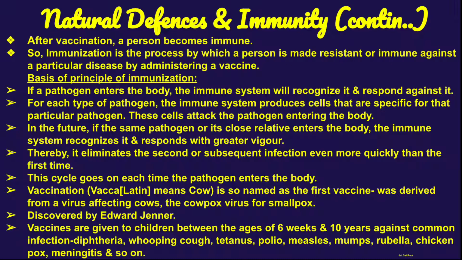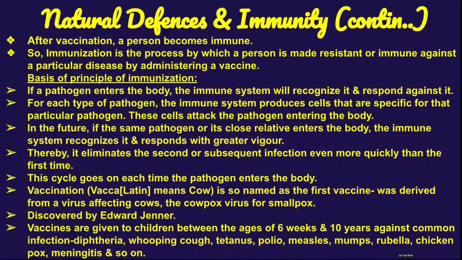These cells attack the pathogen entering the body. In the future, if the same pathogen or its close relative enters the body, the immune system recognizes it and responds with greater vigor. Thereby, it stops the second or subsequent infection even more quickly than the first time. This cycle goes on each time the pathogen enters the body.